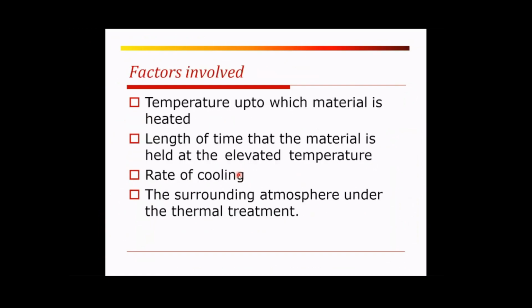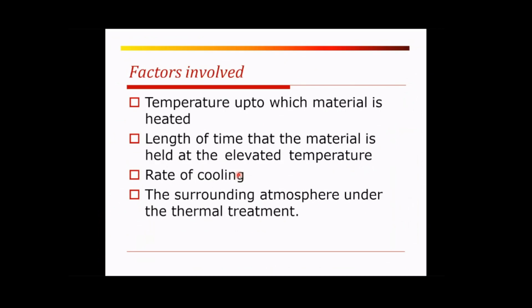Now, what are the main factors that influence heat treatment? First one is temperature, that is, the temperature up to which the material is heated. Second, the length of time that the material is held at the elevated temperature in the furnace. The temperature is a very important factor, and also how long it stays inside the furnace.